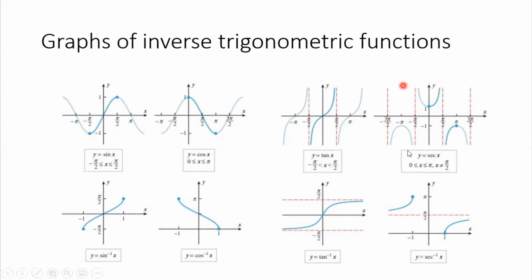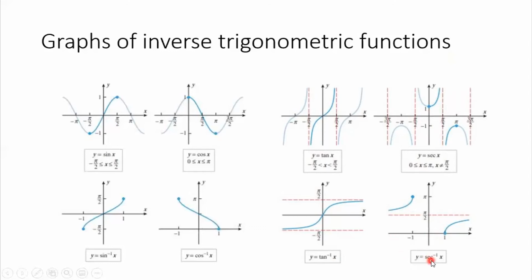Okay, and also for the secant function. For the domain of the secant function, if you only consider this part of the graph, the domain is from 0 to pi, provided that x is not equal to π/2, because at x equal to π/2 we have a vertical asymptote. The range of this secant function is from -infinity to negative 1 union 1 to positive infinity.